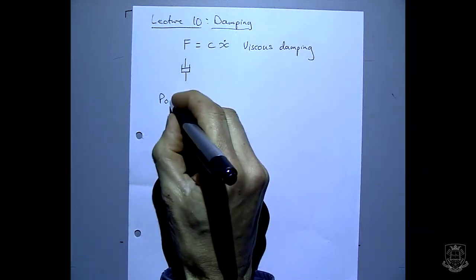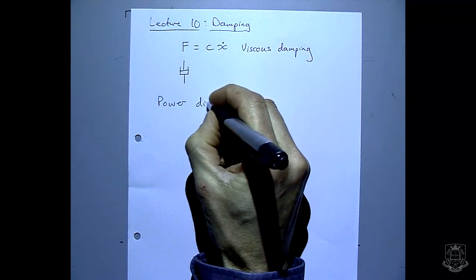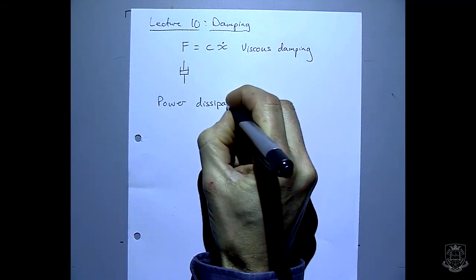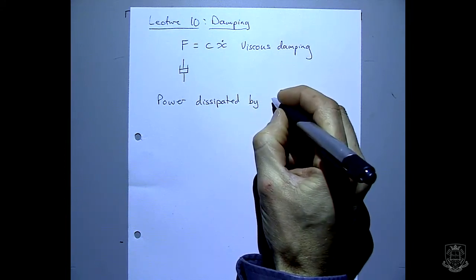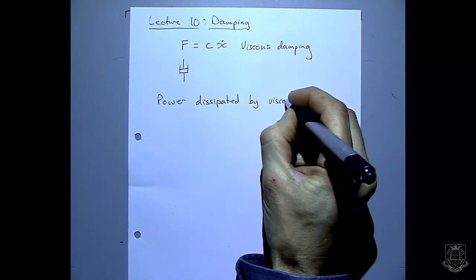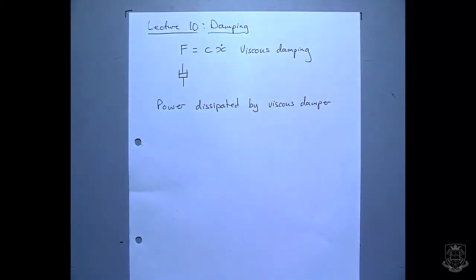So we can note that the power dissipated by a damper, power, is the rate of change of work being done.